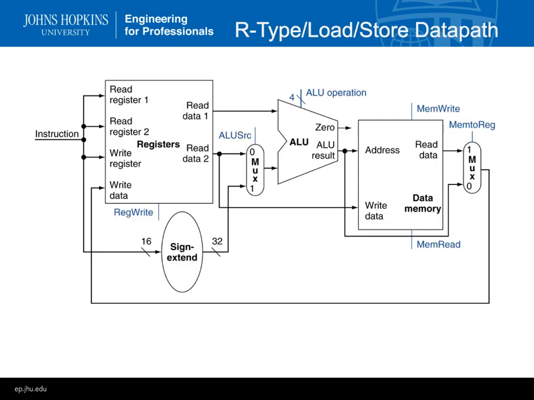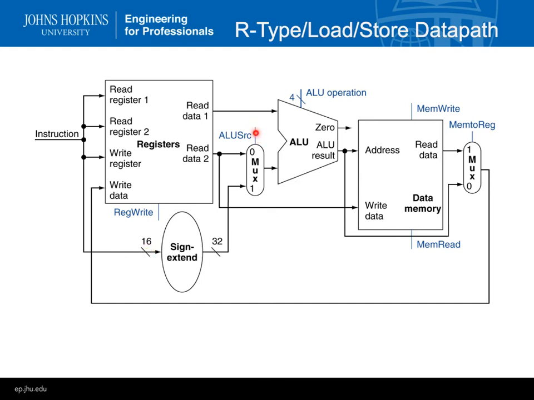So this is our simple data path again, all put together. Instruction comes in. We take these register fields, RS, RT, RD. We also send the lower 16 bits down to the sign extend unit just in case we need that. So the same data is going to both places, and these control units are going to tell it which data to use.